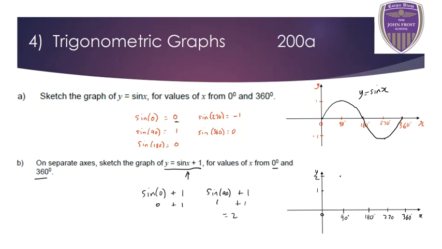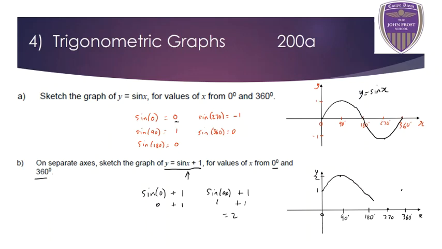And we would do that for each of them. So at 180 degrees, it'd be 0 plus 1. So here. At 270 degrees, it would be -1 plus 1. So back to here. And then at 360 degrees, it'll be 0 plus 1. It would be here. So we can see that the graph shape doesn't change.